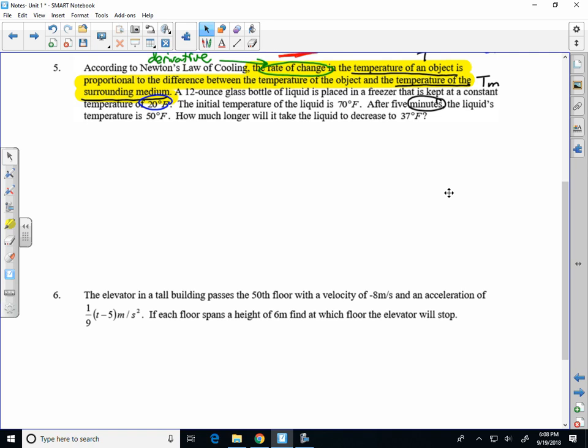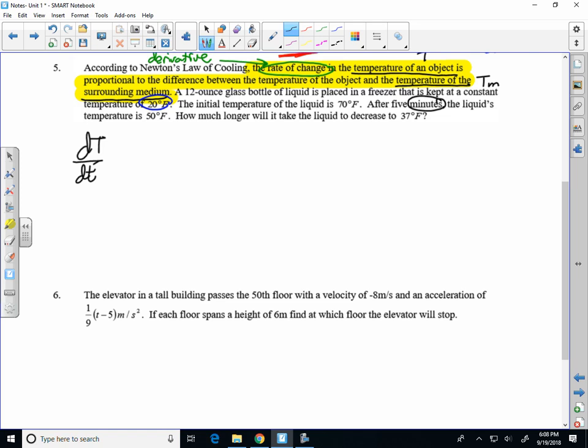The rate of change in temperature of an object, so dT/dt, capital T for temperature, lowercase t for time, is proportional, all right?